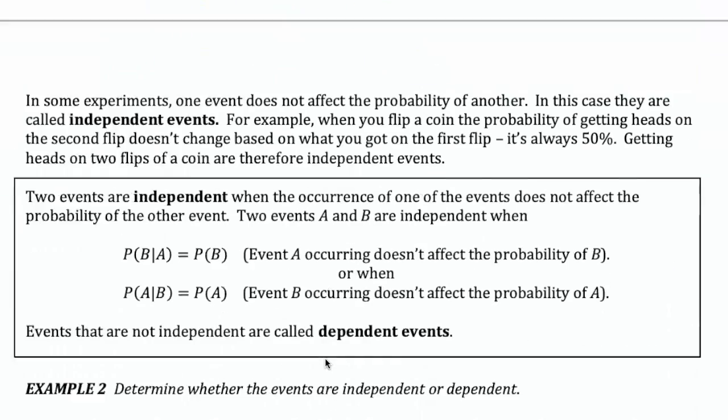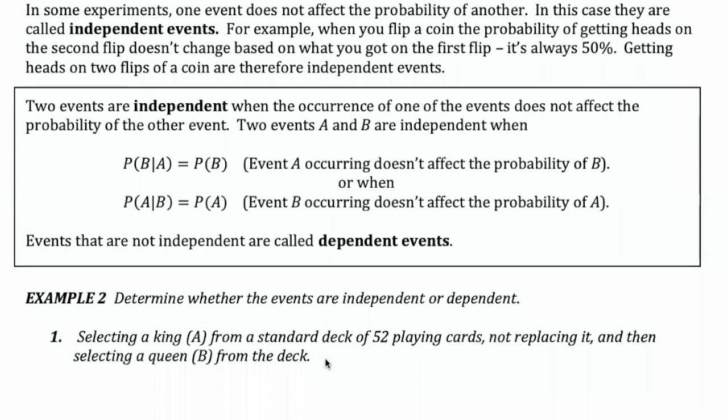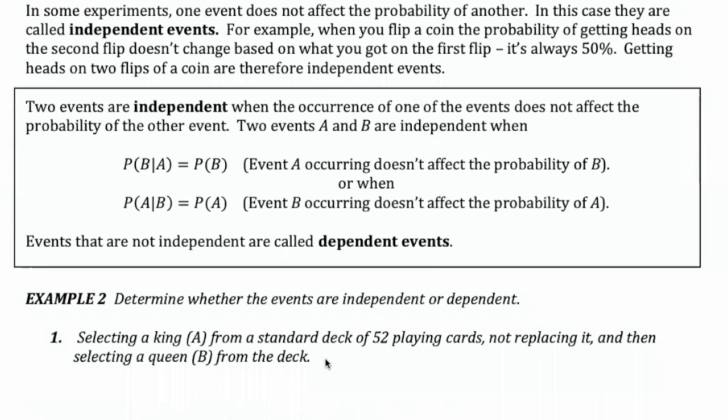We need to make a distinction, though, between whether or not the probability of the first event affects the probability of what can happen on the second event. In some experiments, one event doesn't affect the probability of another. In this case, they're called independent events. For example, if you flip a coin, the probability of getting heads on your second flip doesn't change based on what you got on the first flip.